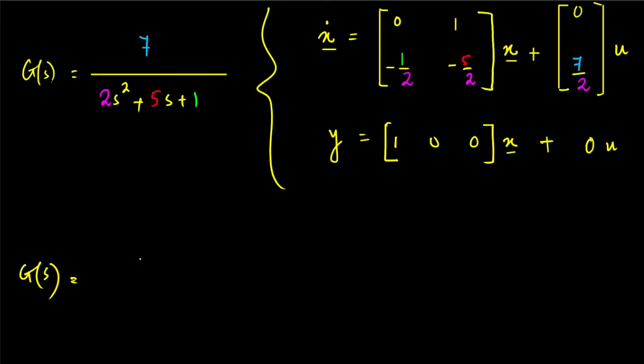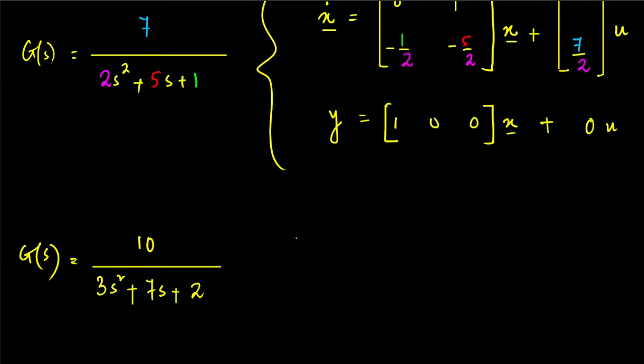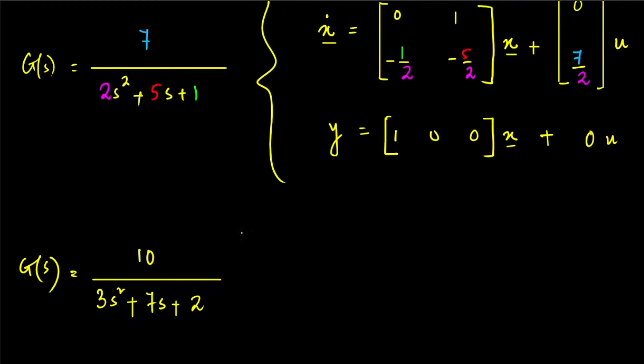So let me just say this is 10 divided by 3s squared plus 7s plus 2. Okay, somebody please tell me what is going to be the state space equation. So let me just try x dot equal to ax. Now what is a?